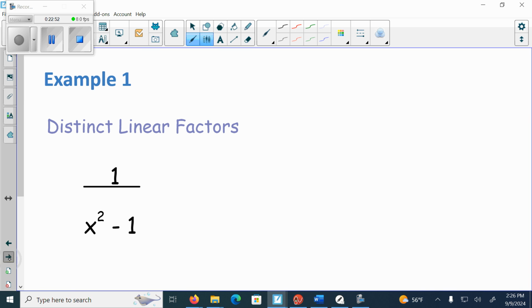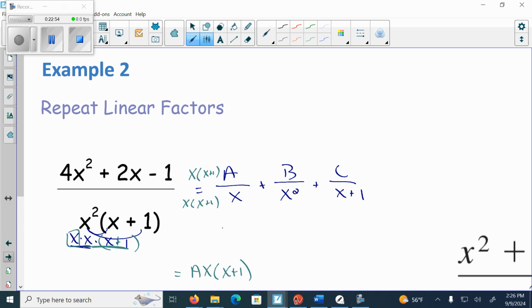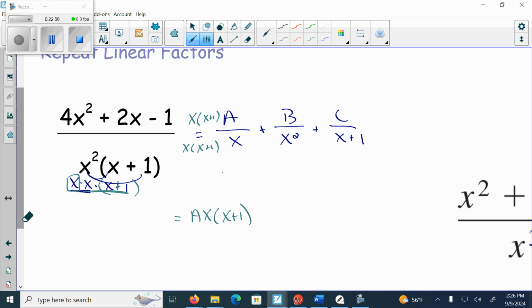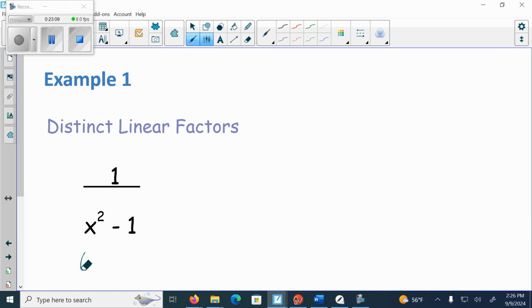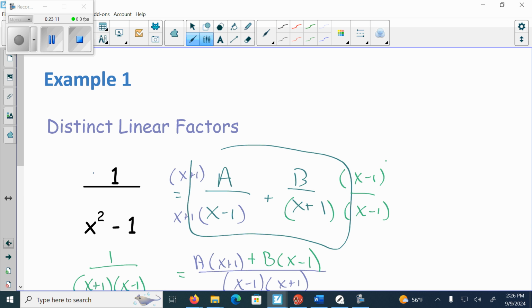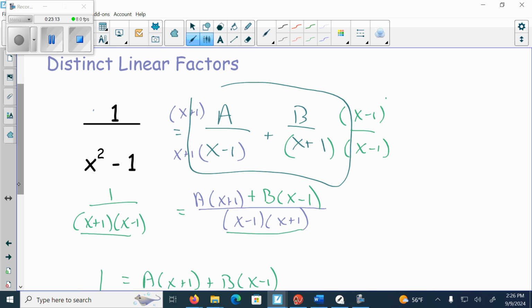I don't get the denominator. I don't know how we got that. How did we do X? So your factors, like back here, my factors were x plus 1, x minus 1. So I had an A over one of those factors and a B over the other one.